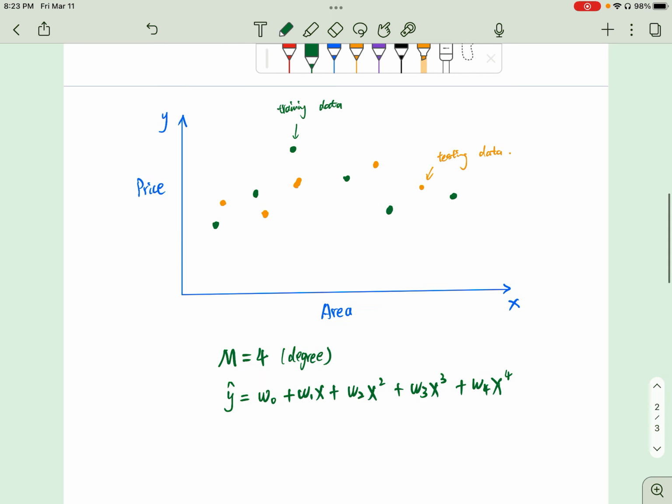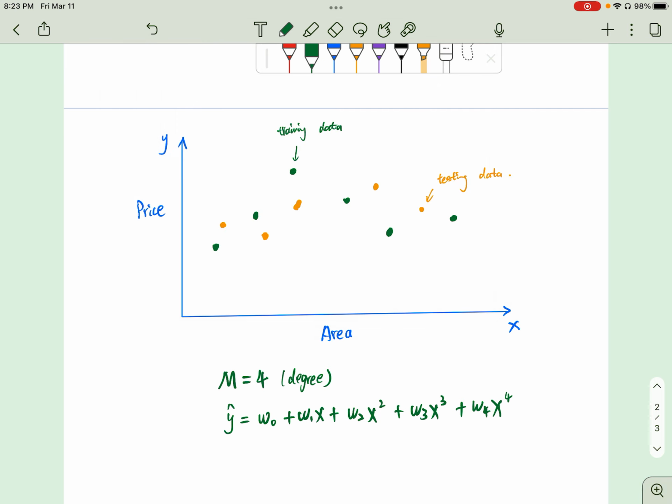Okay, suppose we choose this model to fit this data. And after you fit the training data, you will find your model is something like this. Okay, this is the model. This is your first try.